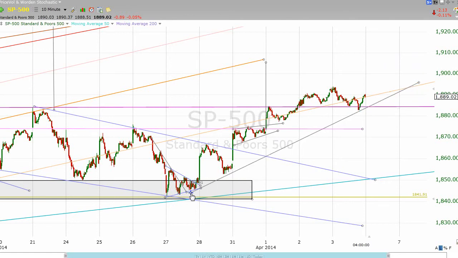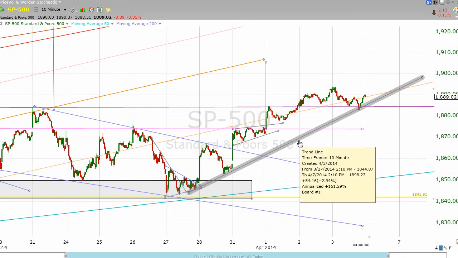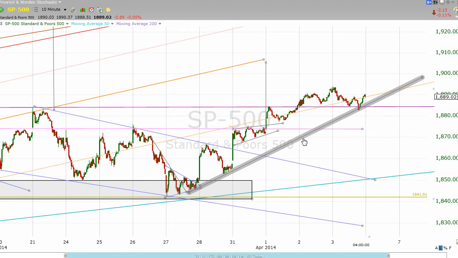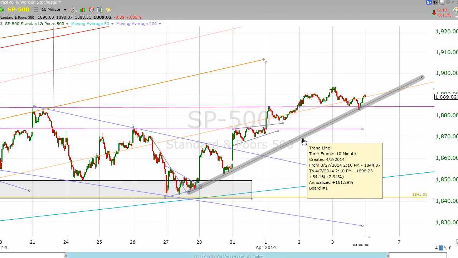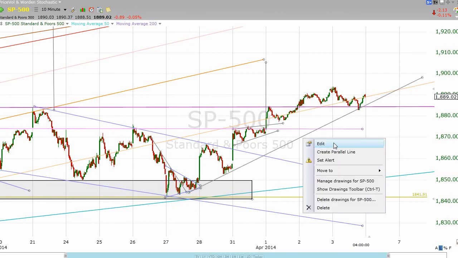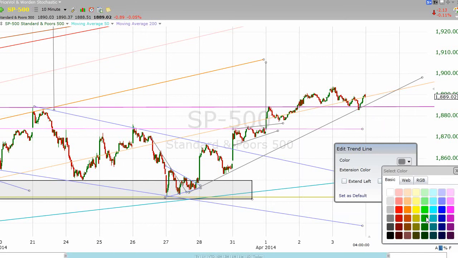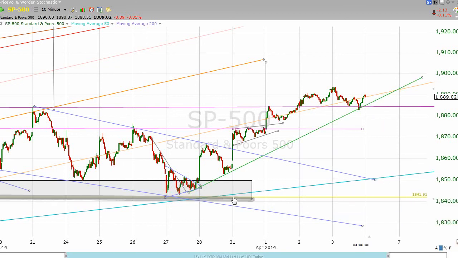Basically, now that we have this little dip that we saw today, right here, just a hair under our neckline area, by the way, but not by much, I think it's a pretty decent trend line right here. Again, this could get adjusted at some point in the future, but for now, let's make that green, and I'm going to stick with that. So we have 1, 2, and then the lows of the day as being 3 touches on that line.